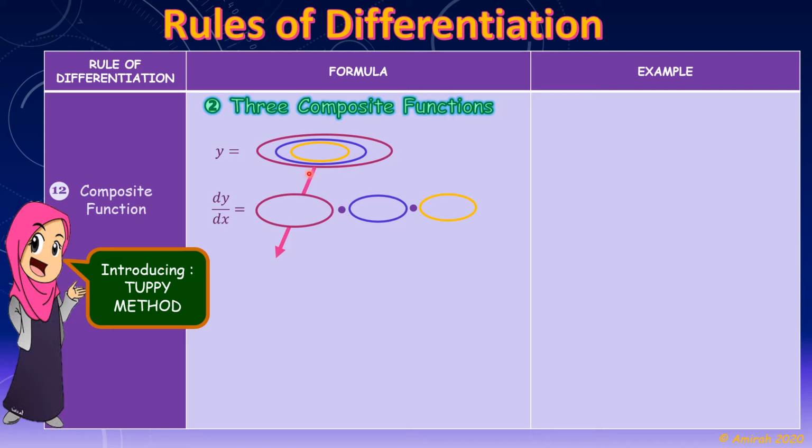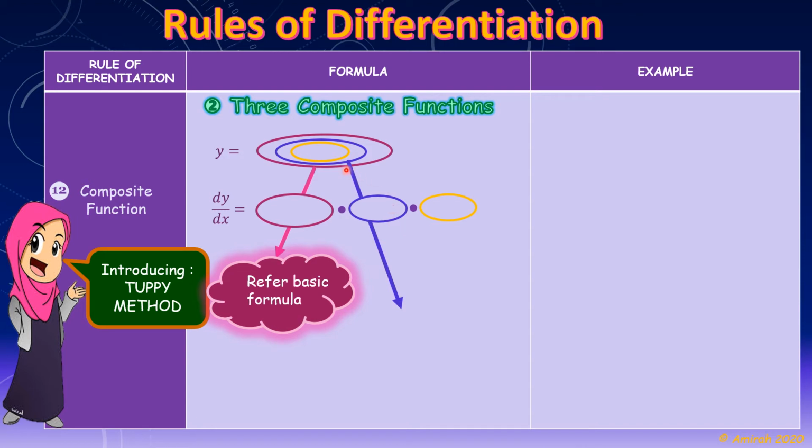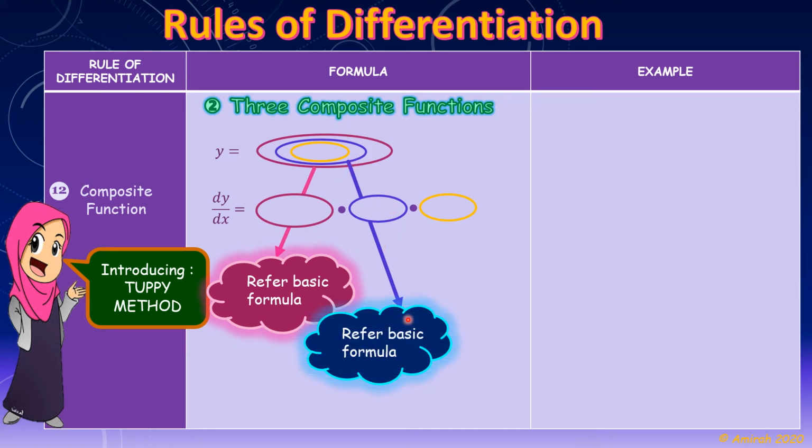To differentiate the outer function, inside the outer circle, we refer to the basic formula. Then to differentiate the inner circle, we refer to the basic formula. And then to differentiate the inner circle with yellow color, we refer to the basic formula related to the function inside this yellow circle.